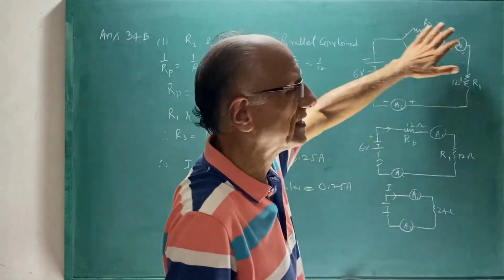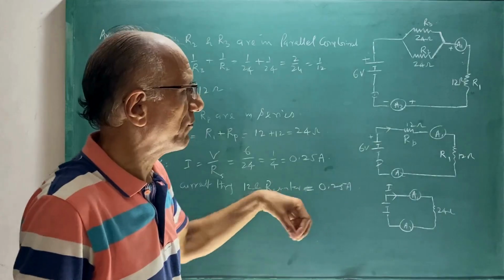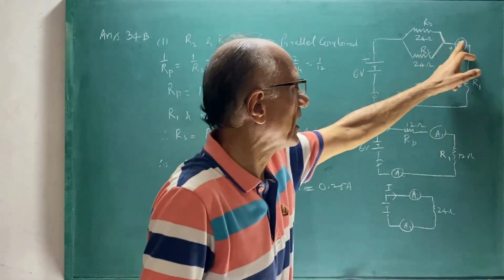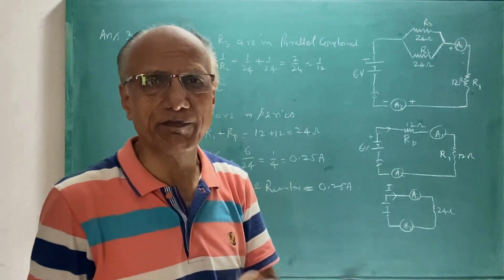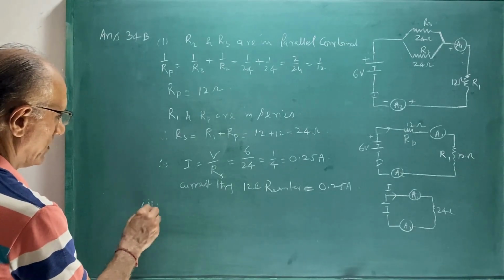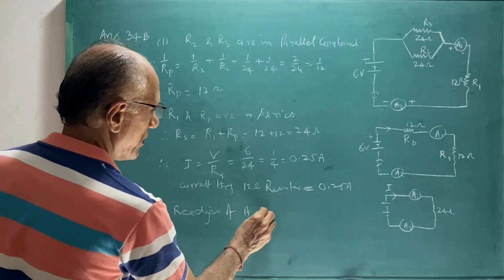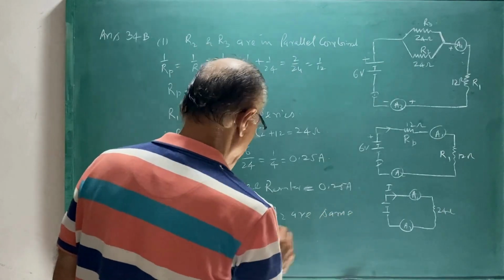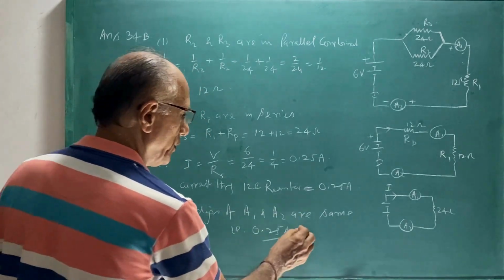Once they are in series, the current in both will be the same. You can answer without calculating that the readings of A1 and A2 will remain the same because they are in the same path. Whenever there is one path, the current remains the same. So the second part: the readings of A1 and A2 are the same, that is 0.25 ampere each.